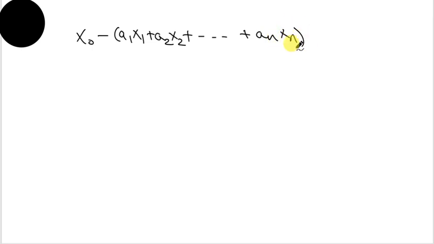With this on hand, we now have to resolve. So what is the error? Clearly, x naught minus (a1 x1 plus a2 x2 plus etc. plus an xn) is the error.